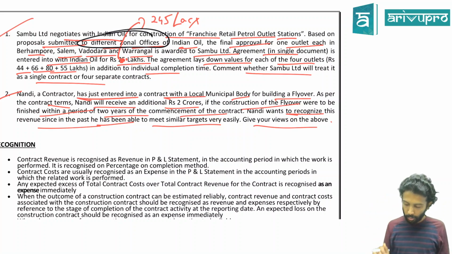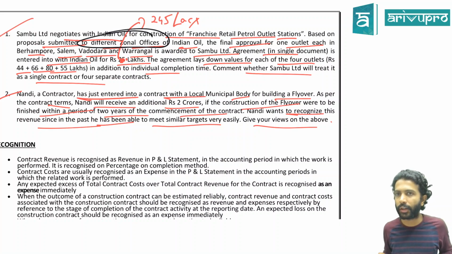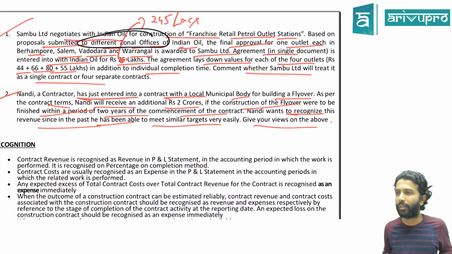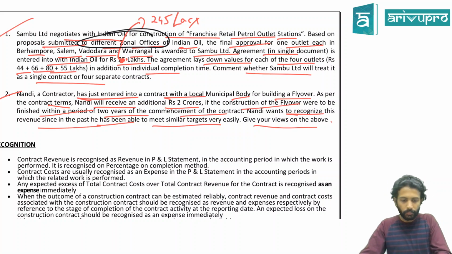And Nandi wants to recognize this revenue now itself. His justification is, in the past I have met the target. My history says every time I have been able to complete in time, and I will recover this money from the government very easily, hence I want to recognize this. You have to give your thoughts. Just give it a read and let me know. Yes or no?